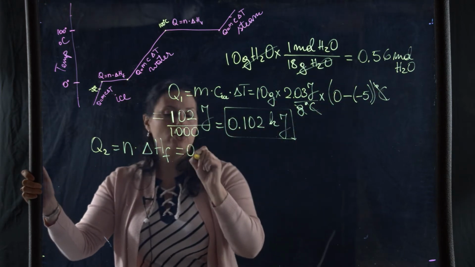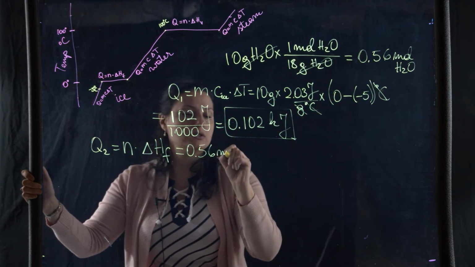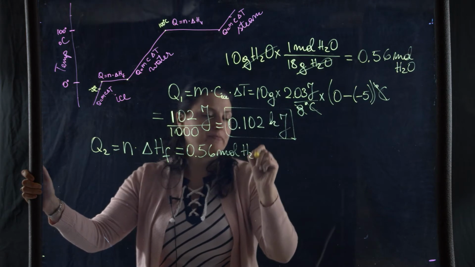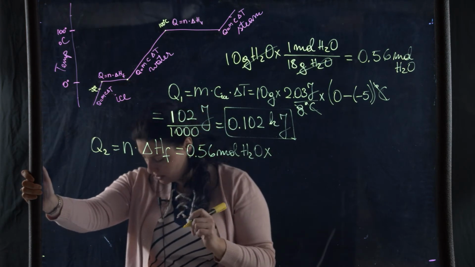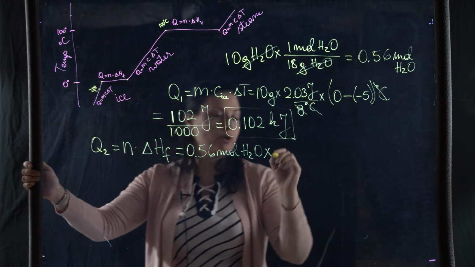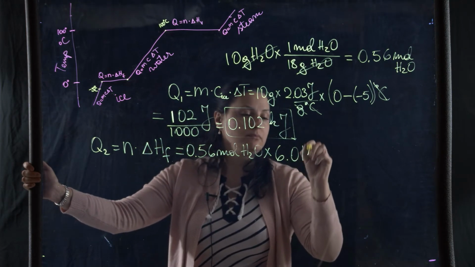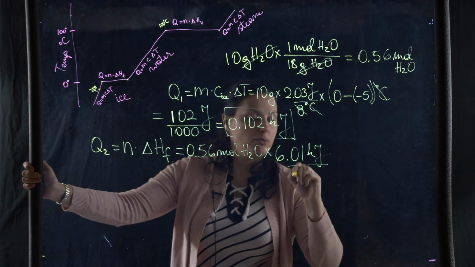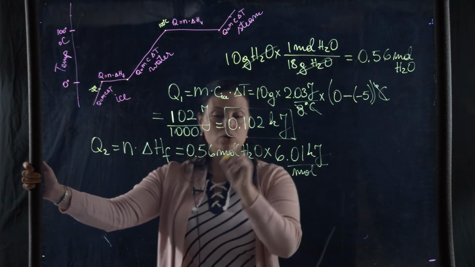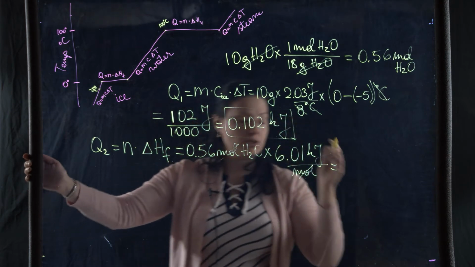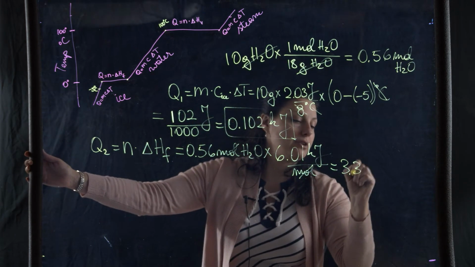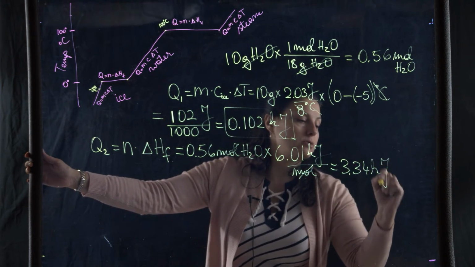N is 0.56 moles of water times delta H of fusion, which is 6.01 kilojoules per mole. My moles will cancel, and if you do that, it gives you about 3.34 kilojoules.